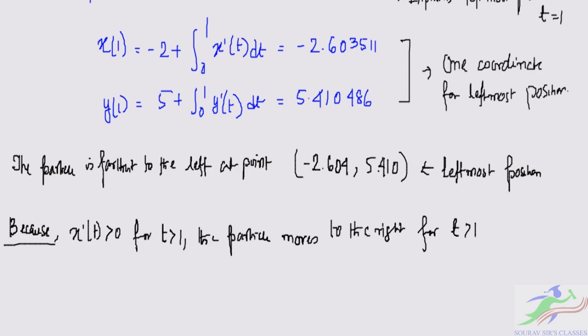Also, x of 2 equals minus 2 plus the integral from 0 to 2 of x prime t dt, which is greater than minus 2, which is at x equal to 0.